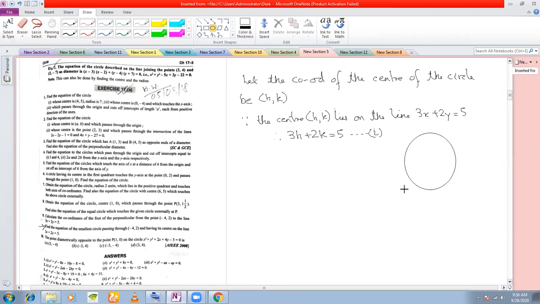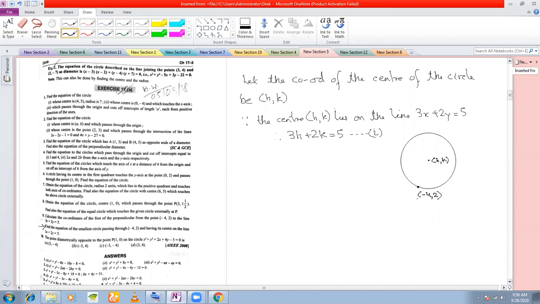So you have this circle, and you have the center (h, k), and it passes through the point (-4, 2). So what does this mean?